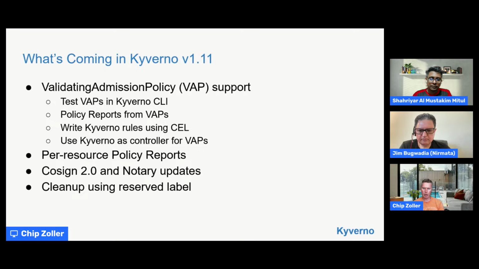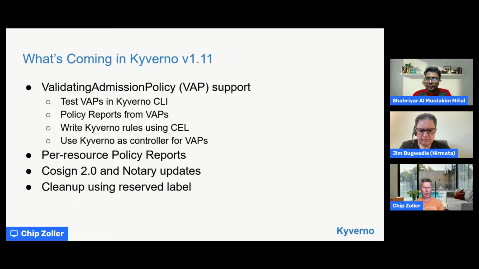So we're going to switch over and start using per resource policy reports. This would be a policy report for an individual resource rather than one that's at the policy level. There are many things that enables. More details will be coming around that.